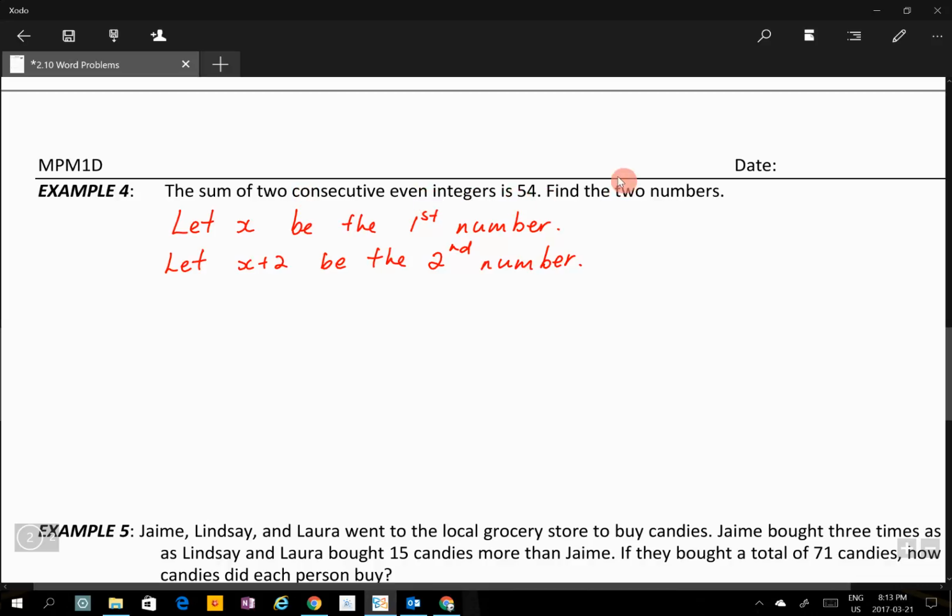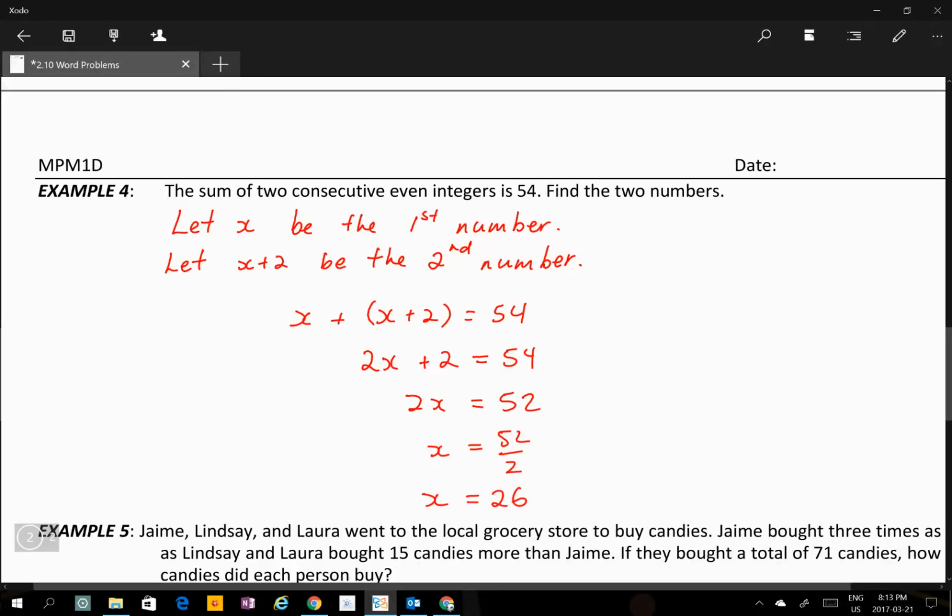So when I create my equation, it's going to look like this: x plus x plus 2 equals 54. Solve for x, collect like terms on the left. I have 2x plus 2 equals 54. Subtract 2 from both sides, I have 2x equals 52. And if I divide both sides by 2, 52 over 2 is going to give me my answer, which is 26. So x is equal to 26.